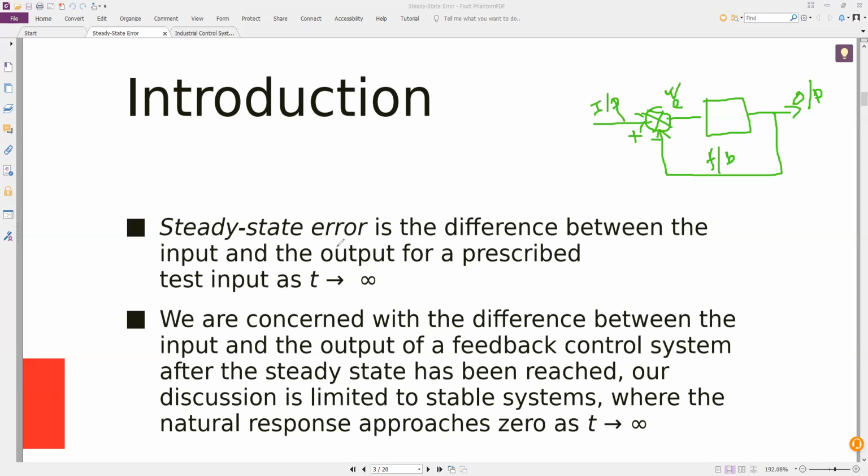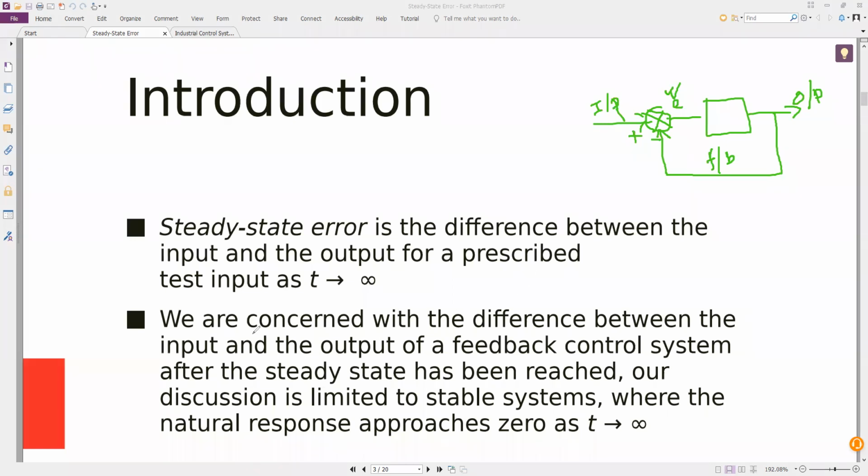That is the steady state error. What I have written here is a closed loop control system. Here the difference between the input and the feedback is called the steady state error. Difference between the input and output for a test input as t tends to infinity.